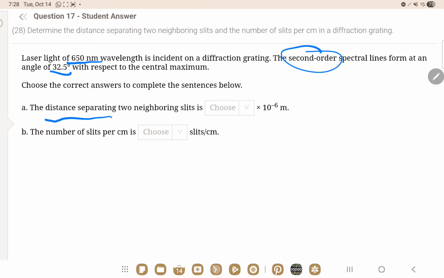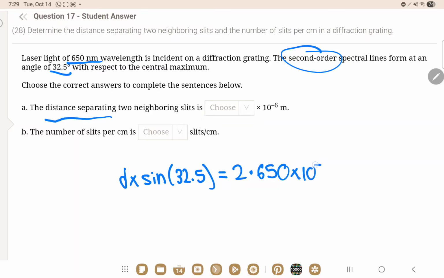The distance between the two slits is... So we need to put the formula, so it's d times the sine of theta, which is 32.5, equals 2, which is m, times the wavelength, which is 650 times 10 power negative 9. You're going to get d equals 2.41 times 10 power negative 6. So here our answer is 2.41.